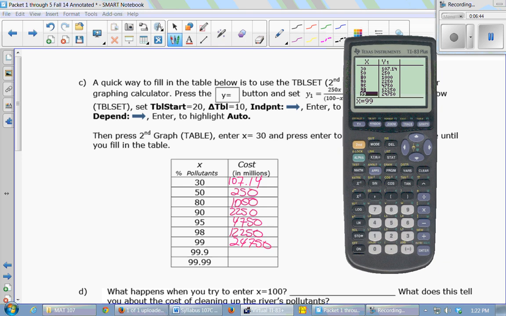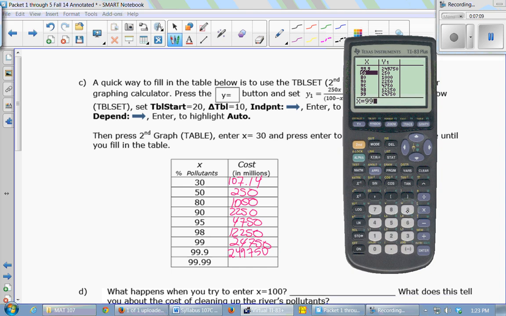And I'd like to do a couple more where I put in really close to 100%. What if I want 99.9% of the pollutants removed? That's going to take 249,750, so $249 billion, 750 million.